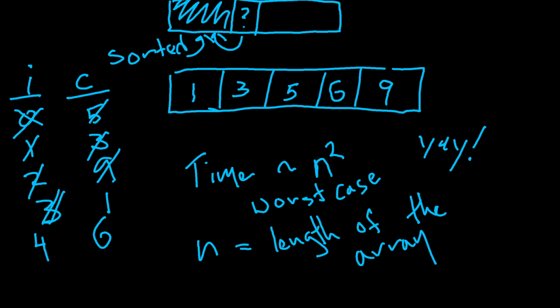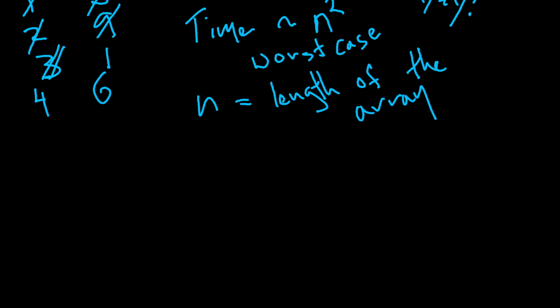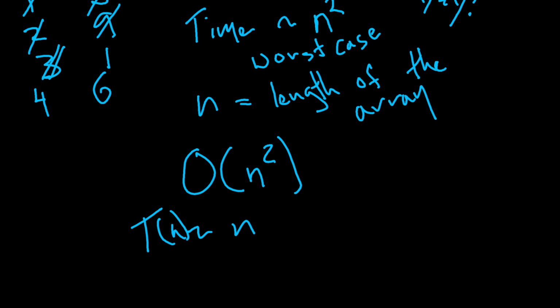So this whole about thing, let me scroll down a little bit. We'd call this big O n squared. So big O means the true runtime, T of n, is about n squared, and usually worst case.